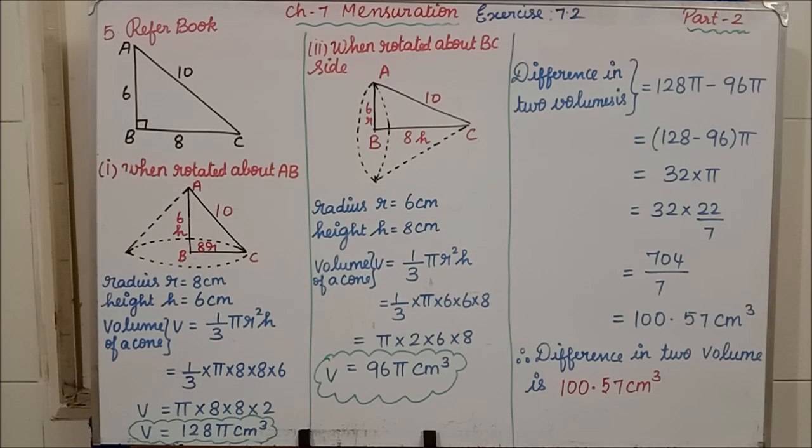Students, fifth question. See your book, all of you. I am going to read the question from the book. You also see the question. Students, a right angle triangle. Right angle triangle means what triangle we have to take? Yes, the 90-degree triangle.